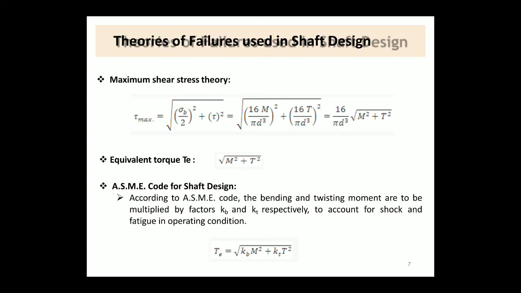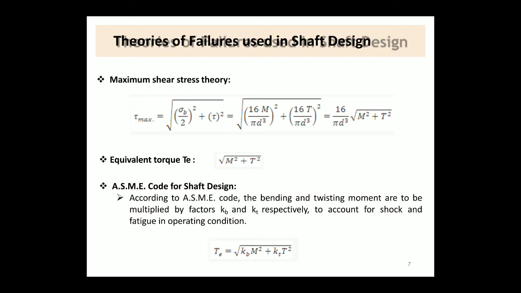Putting this in the equation, dividing sigma b by 2, we get (16M by pi d cube) square plus (16T upon pi d cube) square. So the final equation for tau max is 16 by pi d cube times the square root of M square plus T square. The equivalent torque Te is the square root of M square plus T square.